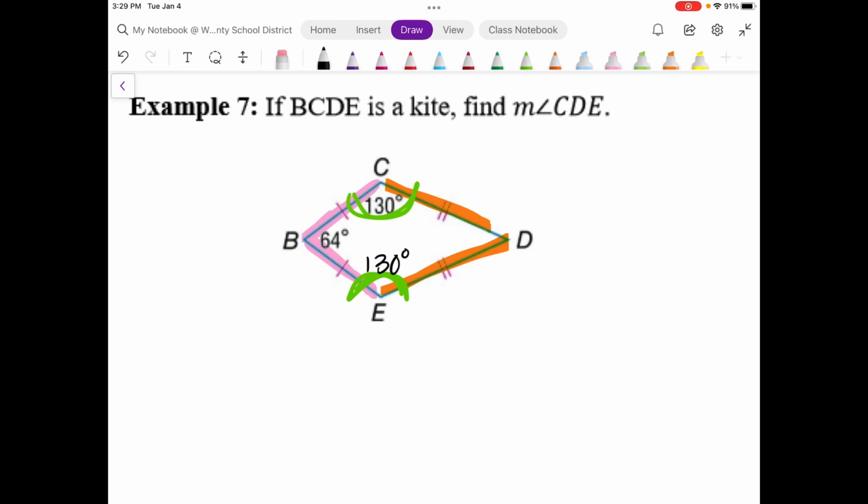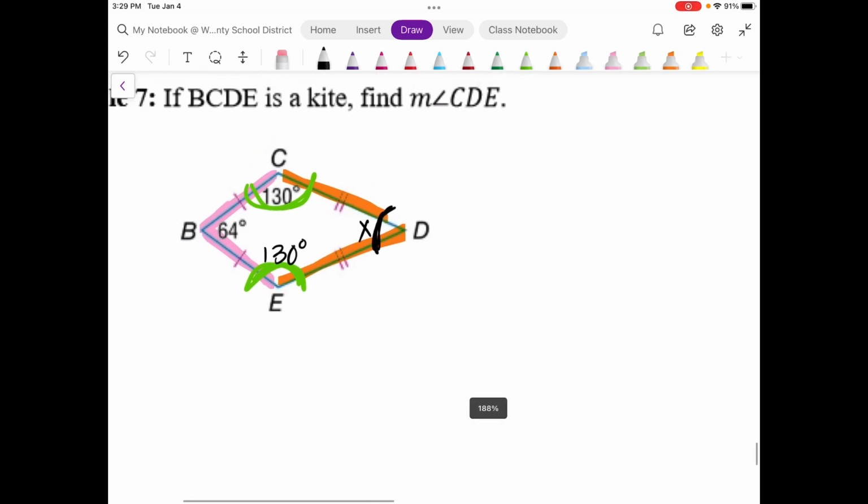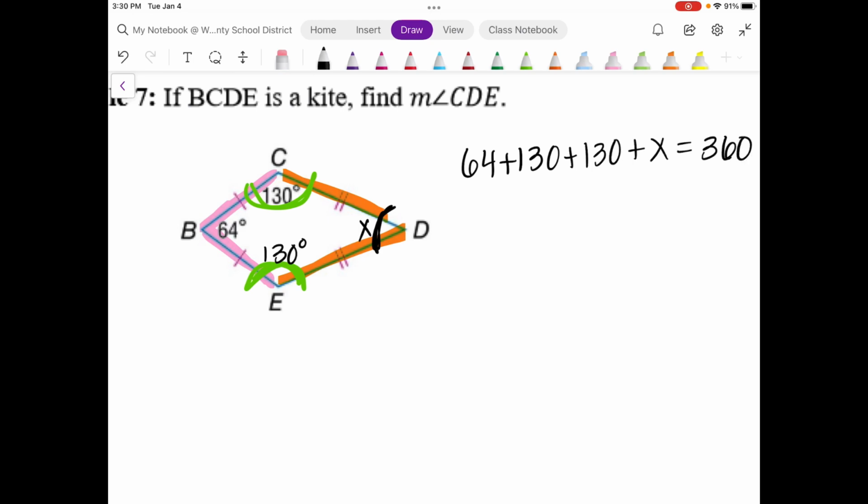I'm looking for angle CDE, so this one. I'm going to call it X for now while I write out my equation. So I know that 64 and 130 and the other 130, plus the unknown value, is 360 because all quadrilaterals add up to 360. I'm going to combine my like terms, and that gives me 324 plus X is 360.